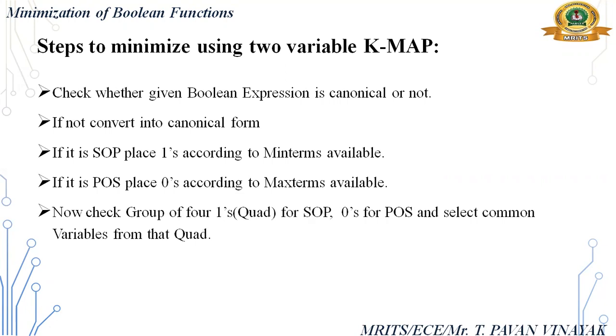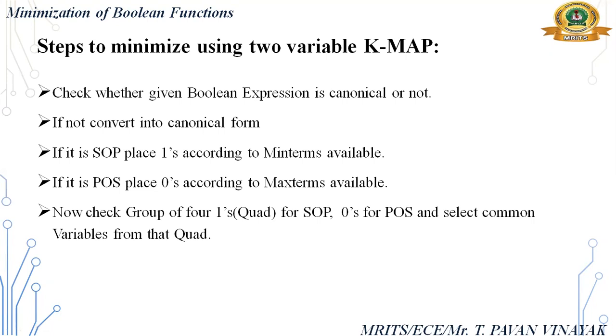Okay, next, now check for 4 ones. Group of 4 is called quad. Check 4 ones for SOP. Check 4 zeros for POS. And then select the common variable available from quad. Okay.